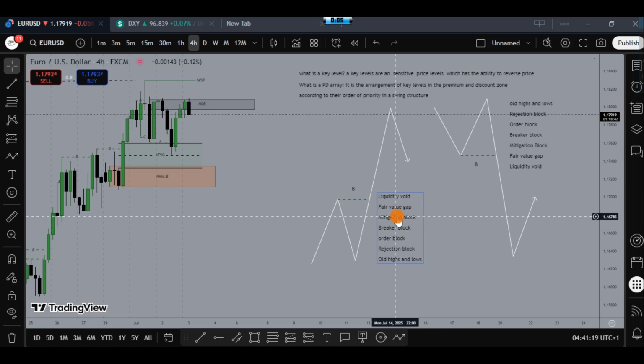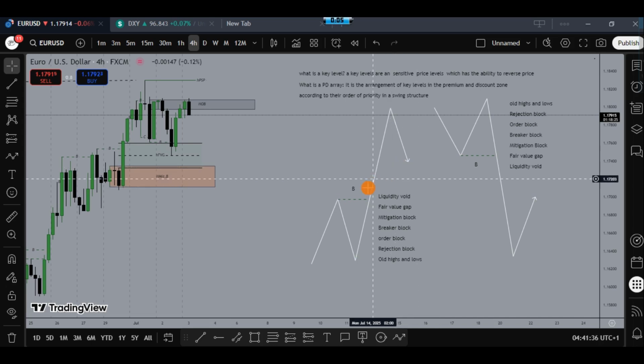I'm going to be showing you those things here on the chart, but I'm not going to explain exactly how to mark them or identify them. I just want to show you them. In my subsequent videos, I'm going to be showing you one after the other. I'll choose one and treat it specifically to show you how you can identify it on your own chart.